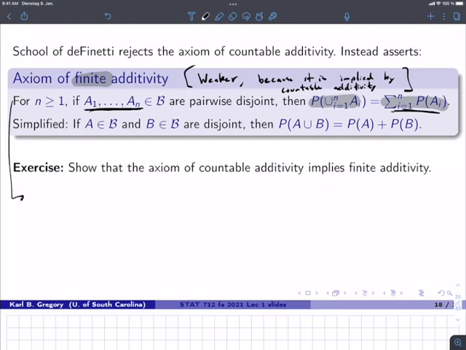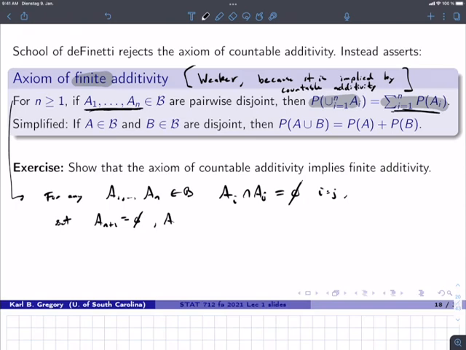So I can prove it by saying for any A1 through An which are disjoint, this all means they're pairwise disjoint, I can set A(n+1) equal to the empty set, A(n+2) equal to the empty set, and so on.